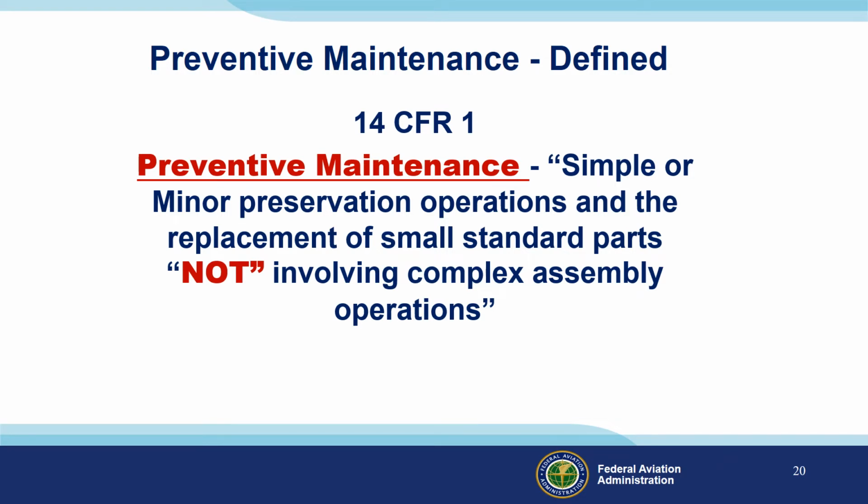The definition of preventive maintenance does not include major repairs or alterations, nor performing inspections in accordance with Part 91, Part 125, or Part 135. Also note that the definition of maintenance under the regulation does not include preventive maintenance. There is a distinct difference between maintenance and preventive maintenance.